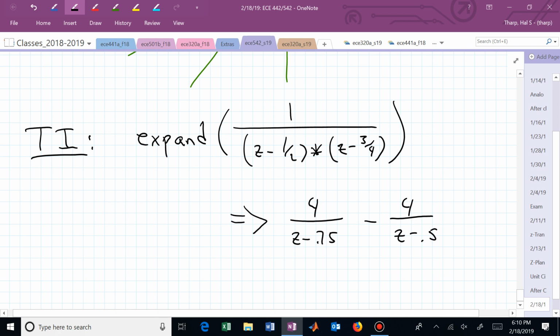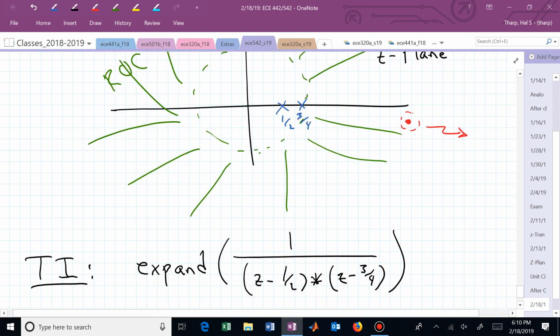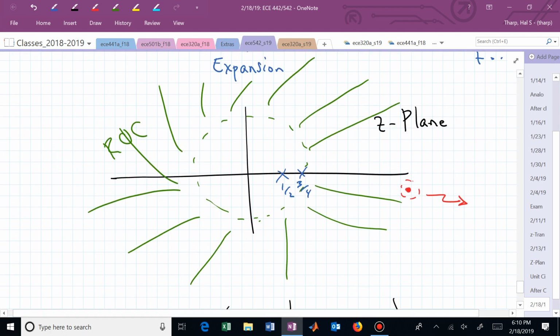And now you have your result fairly quickly in terms of how to take that back into the time domain. That was for region of convergence case number 1, which corresponded to a causal waveform.